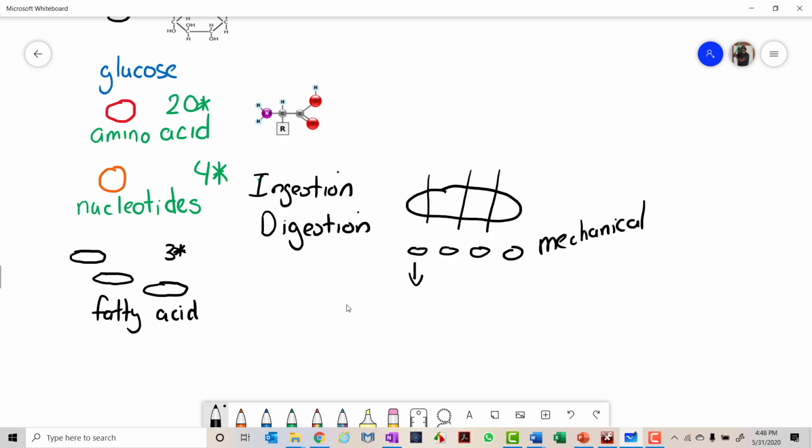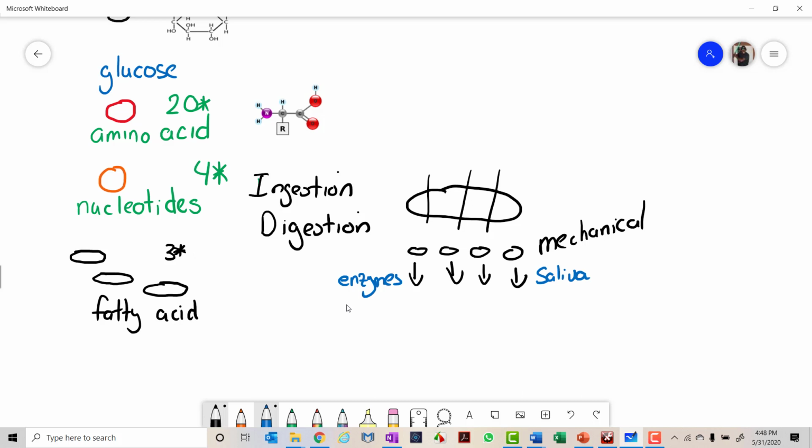Then these small pieces, once they're small enough, are mixed with a liquid inside your mouth, right? And that liquid, known as saliva, contains very special enzymes. These enzymes will chemically break down the carbohydrates into glucose, the proteins into amino acids, the nucleic acids into nucleotides, and your triglyceride lipids into fatty acids.